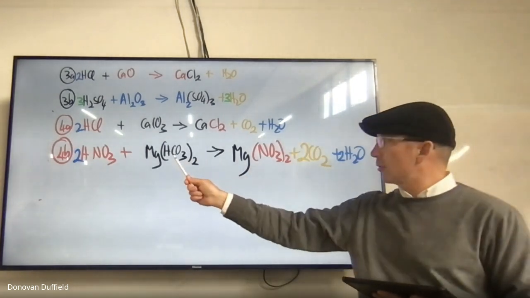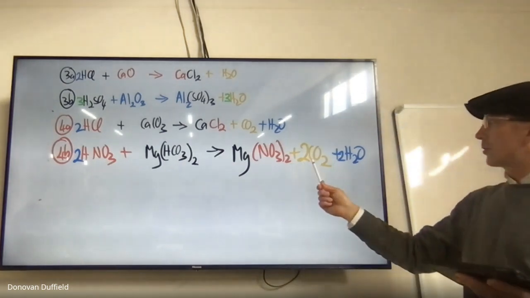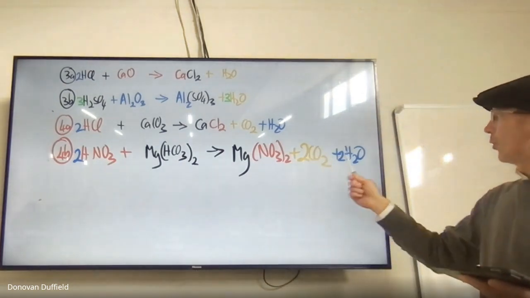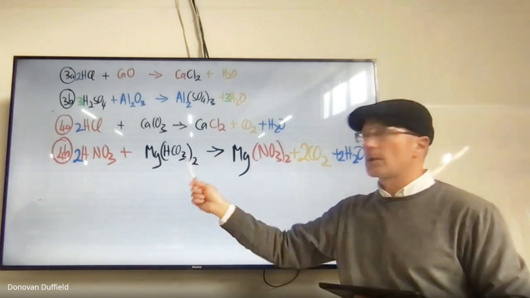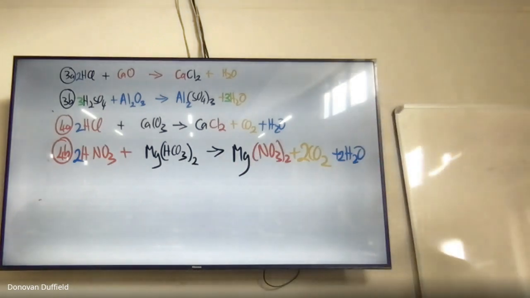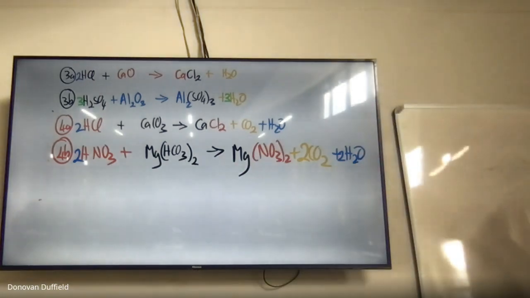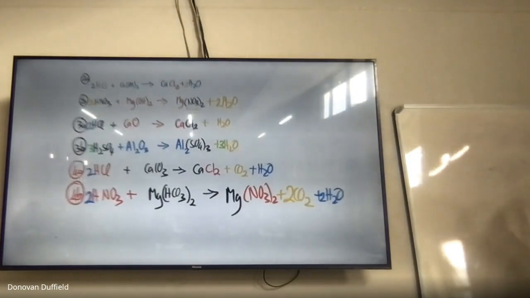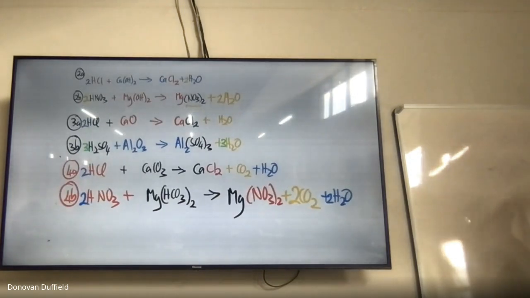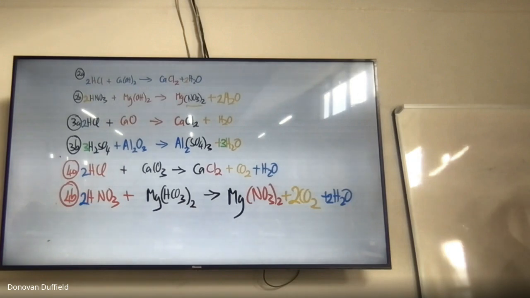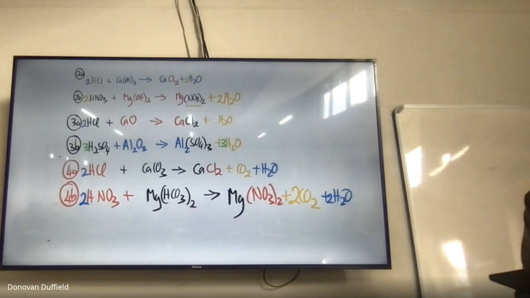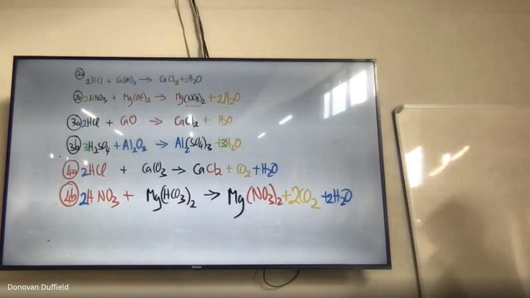Why? Because I've got 2 carbons. You add 1, so it's 2. 2 times 2 is 4 plus 2 oxygens is 6. 2 times 3 is 6. 6 oxygens. Balanced. Okay. Tricky. Are we okay? Cool. All right. Excellent. Fantastic.